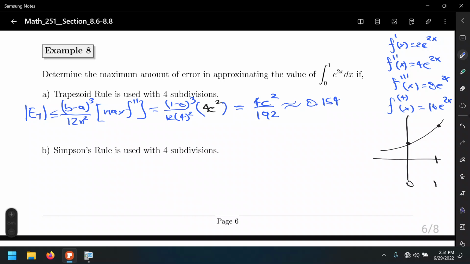Okay, that means that the absolute value of the error of using the trapezoid rule is less than 0.154, or if you expand this inequality, it's plus or minus 0.154.